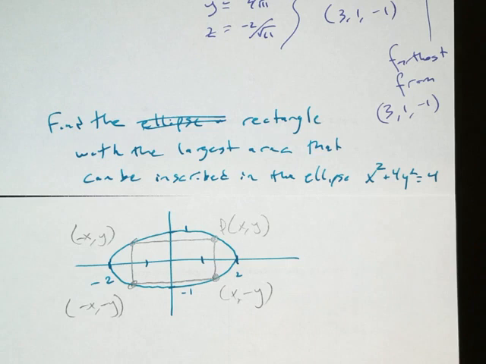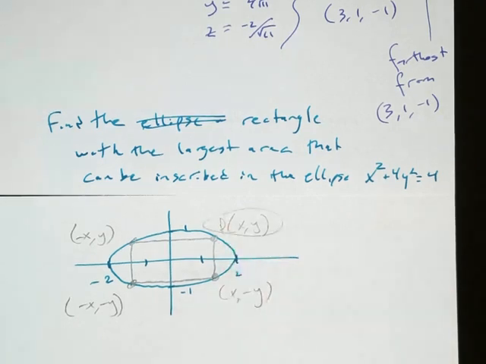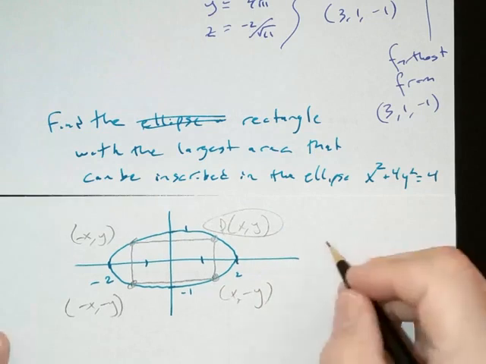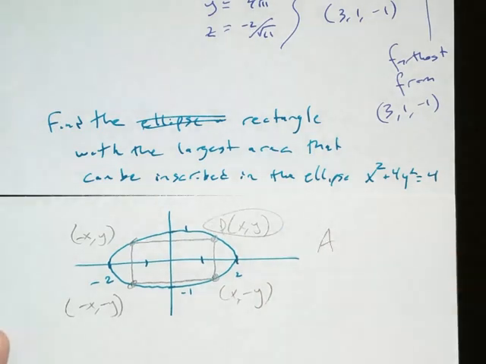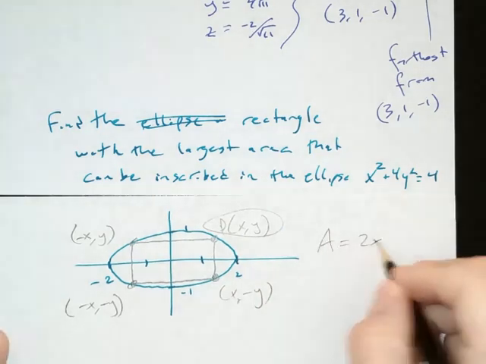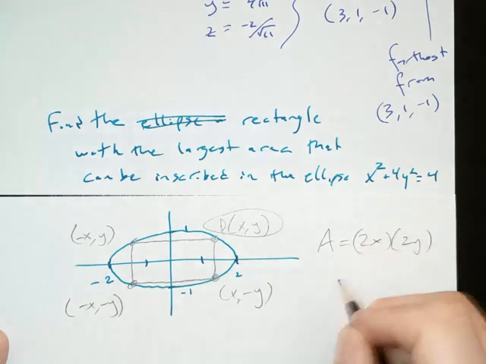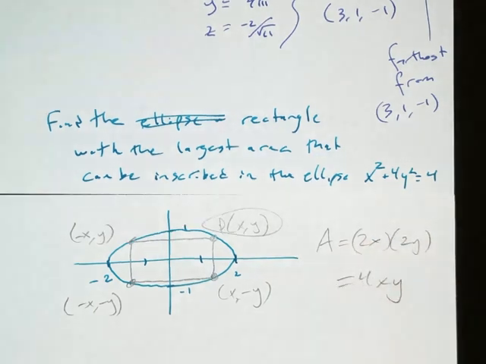And the height, which means the area of the rectangle is given just from knowing those two numbers. I apologize. It's 2x times 2y, which is just 4xy. That's the thing I want to find the maximum of.